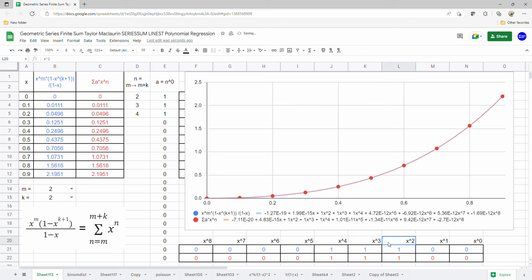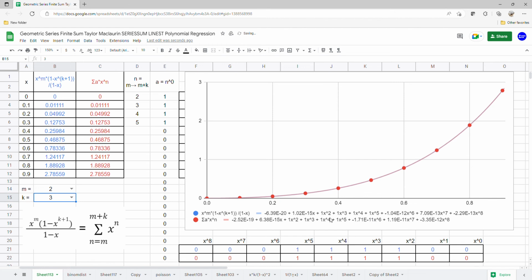Then that's x squared plus x cubed plus x to the fourth. K equals 3. Now this is x squared plus x cubed plus x to the fourth plus x to the fifth.